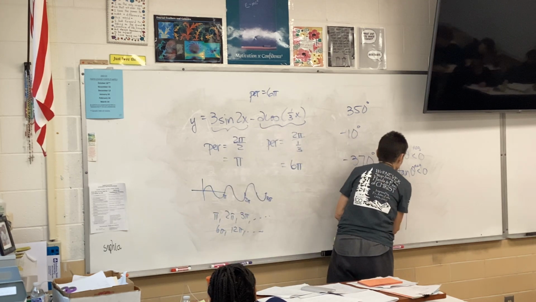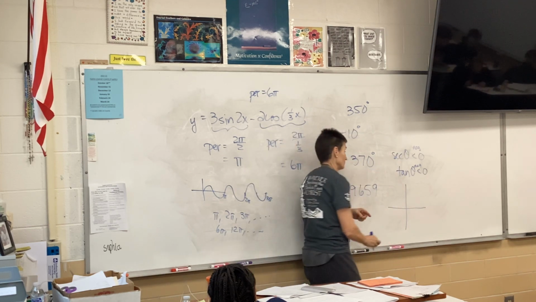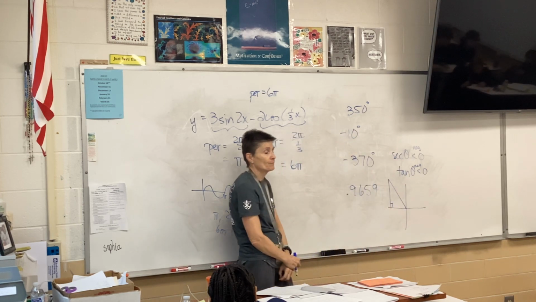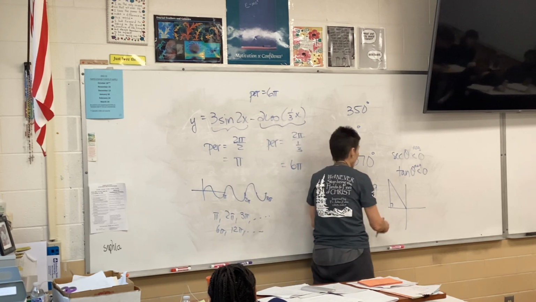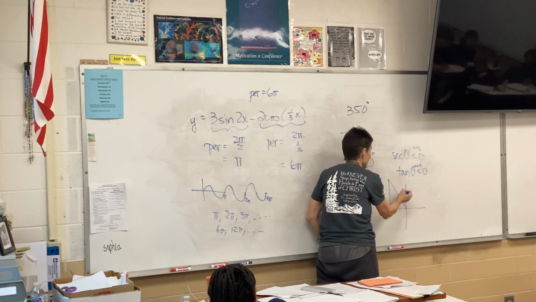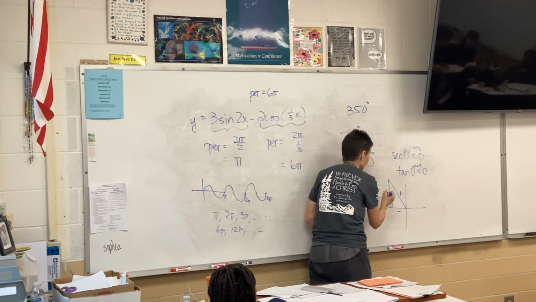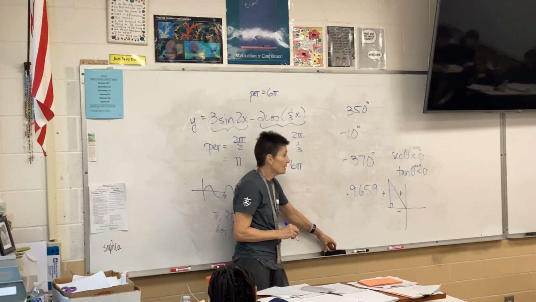What do you think? 2? I heard a 2. Let's look at 2 and see if that works out. In quadrant 2, I don't know any numbers here, but I know my hypotenuse is always positive. This would be negative and that would be positive. Do those signs make sense to you in that quadrant?